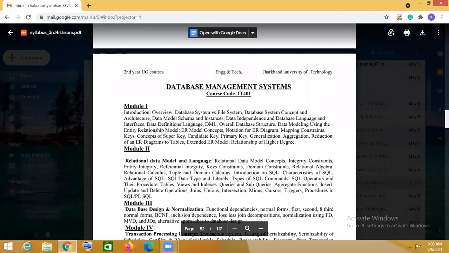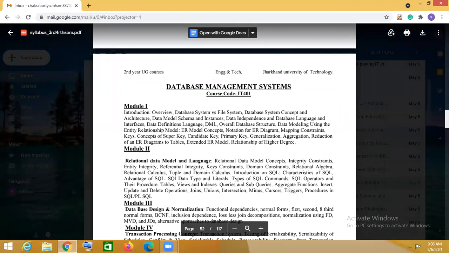Then database system concepts and architecture, two-tier architecture, three-tier architecture, data models, schemas, instances, and data independence, that is physical data independence and logical data independence.